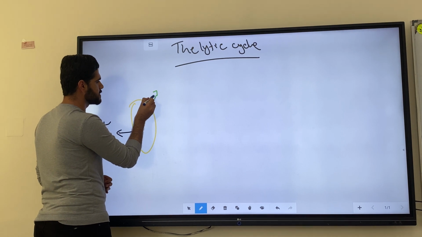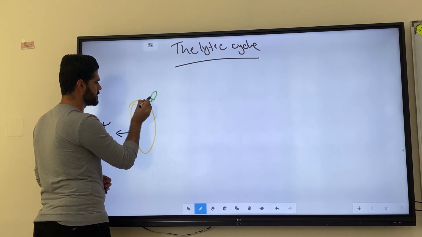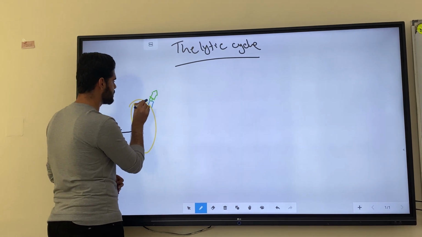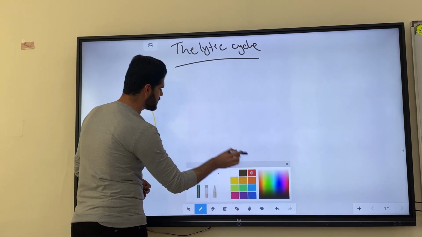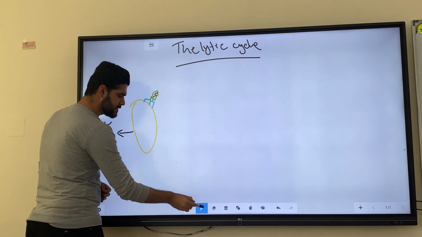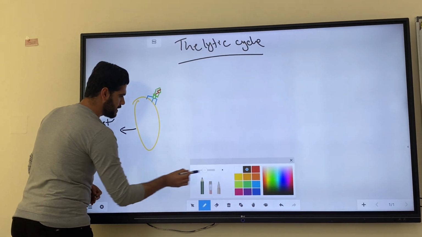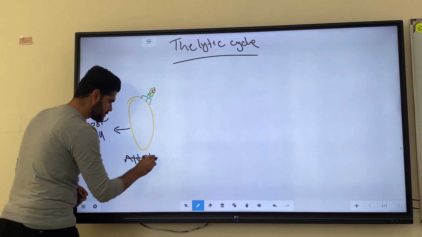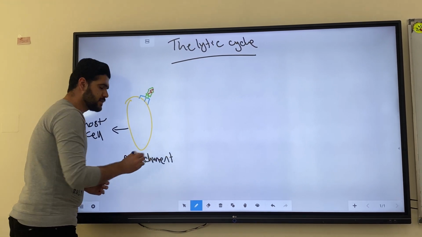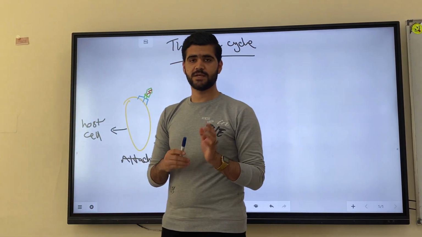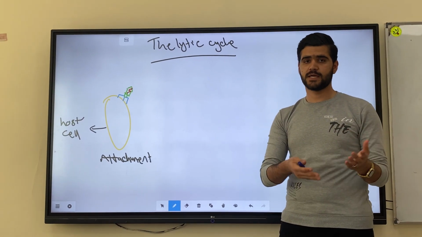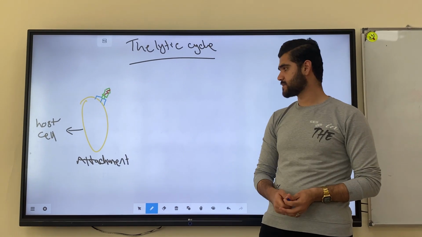Let's imagine that this is our virus, with its genetic material. This first step is called attachment. This step is very important for a virus, because if the virus cannot attach to the cell, it cannot inject its genetic material, and it cannot use the cell's mechanisms to replicate.